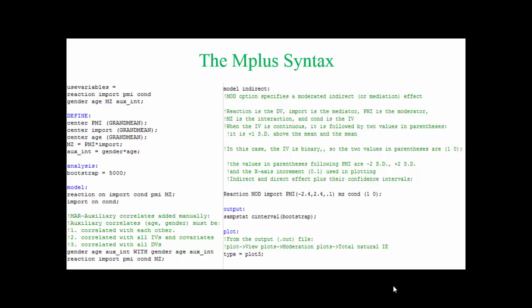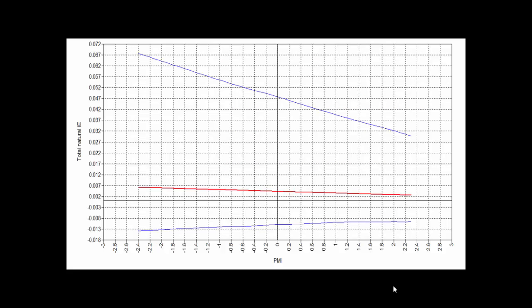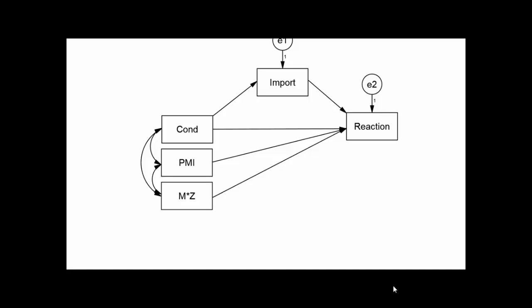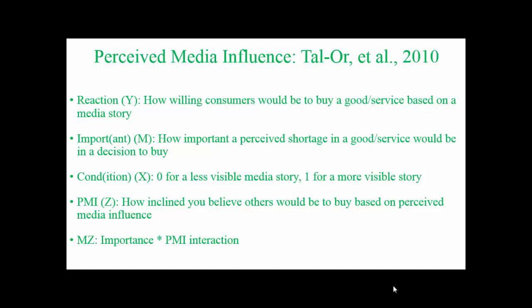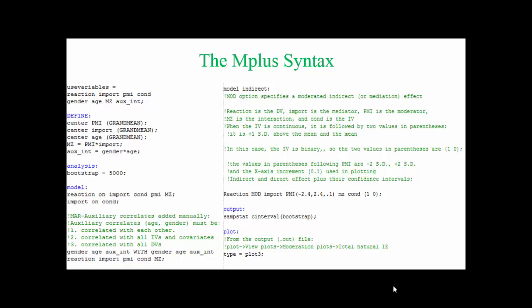I would want to state, in addition to PMI, condition and M by Z, I would just state those variables in the model command, and I might want to put all possible correlations between those variables in the model command also. So PMI with import, MZ, import with MZ.